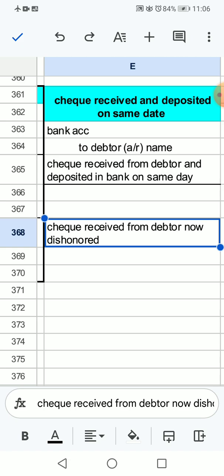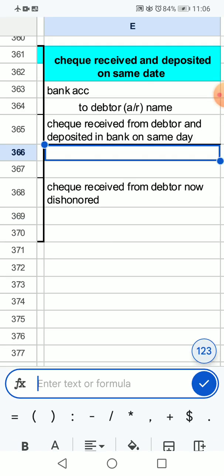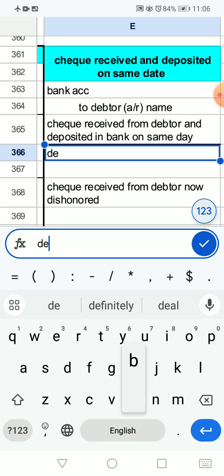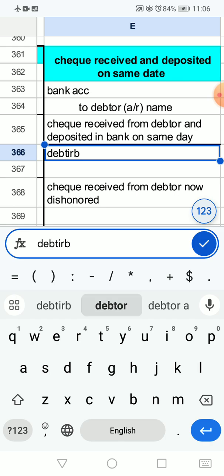You will demand to pay again. Debtor will become account receivable again. It means debtor had become your asset again. Asset should be debited. So you will write the name of debtor on debit side again.